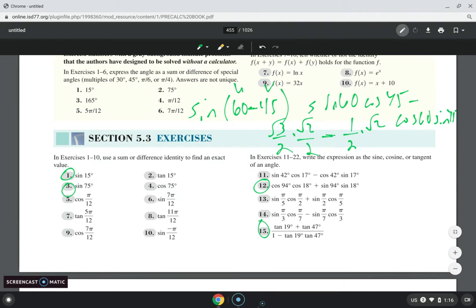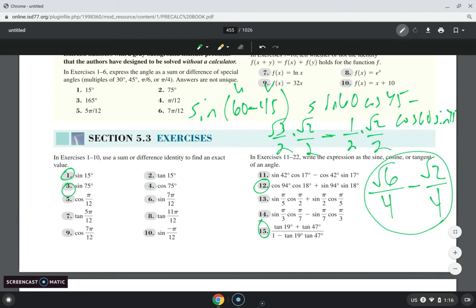Sine of 45 would be root 2 over 2. Okay, so root 3 times root 2 is root 6. 2 times 2 is 4. Minus 1 times root 2 is root 2, over 2 times 2 is 4. And that's all you got to do. So it's kind of the process of writing this out and giving them a whirl.